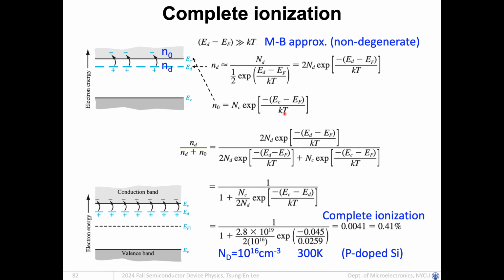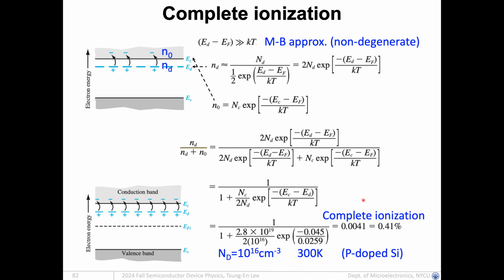We want to understand the ratio between the original carrier concentration and the ionized carrier concentration. When we look at it, we find that the amount of electrons remaining at the binding energy level is quite low at room temperature.